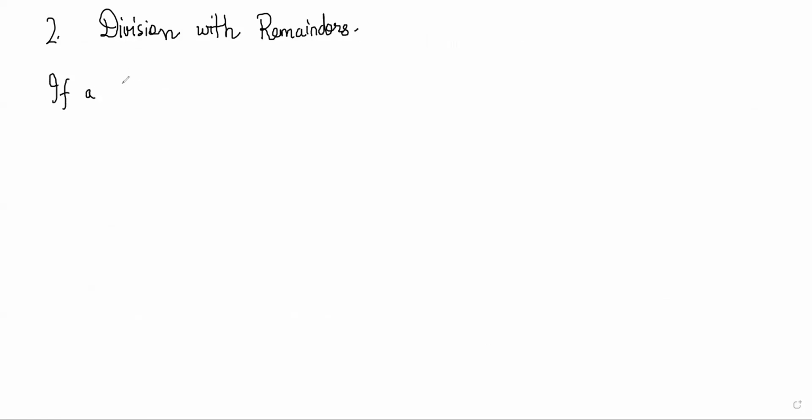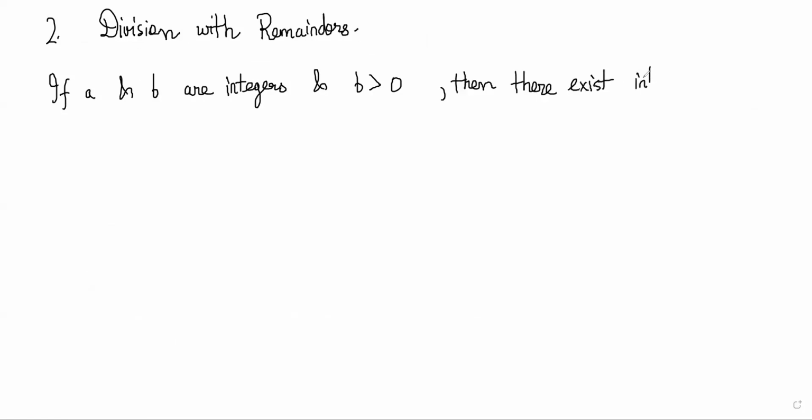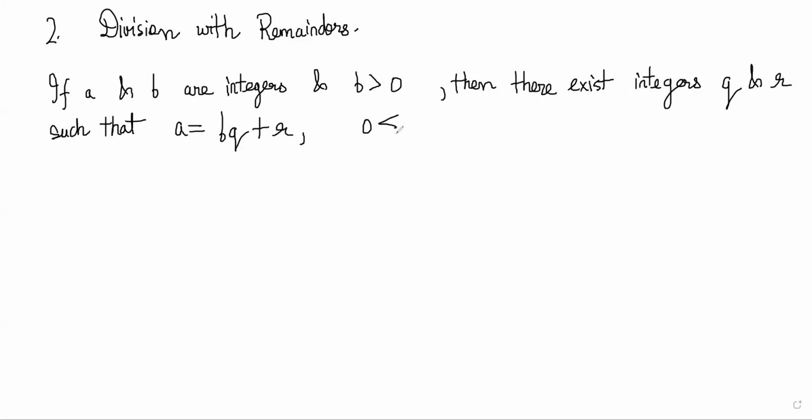If a and b are integers and b is greater than 0, then there exist integers q and r such that a is equal to bq plus r, where 0 is less than or equal to r is less than b. This is the condition on r. Here r is called the remainder and q is called the quotient.